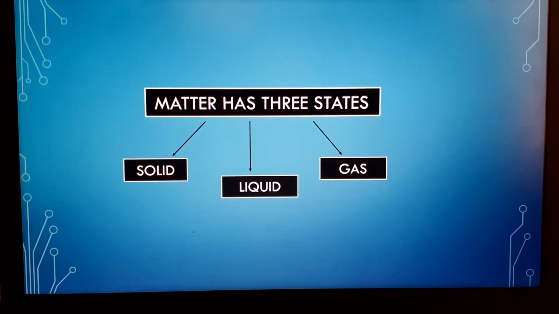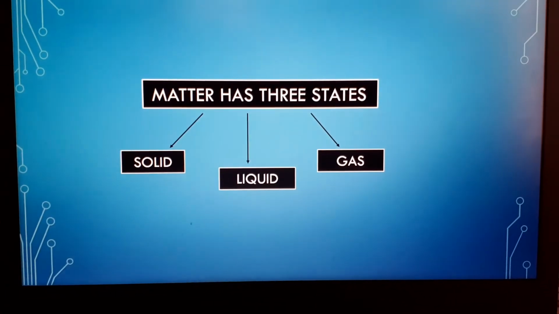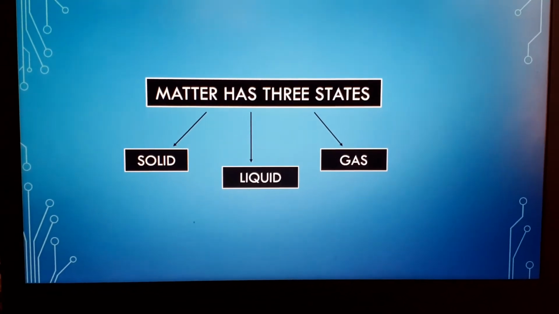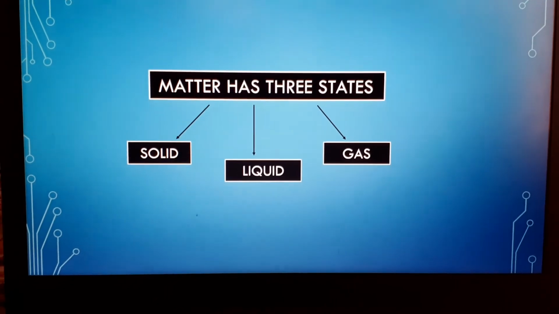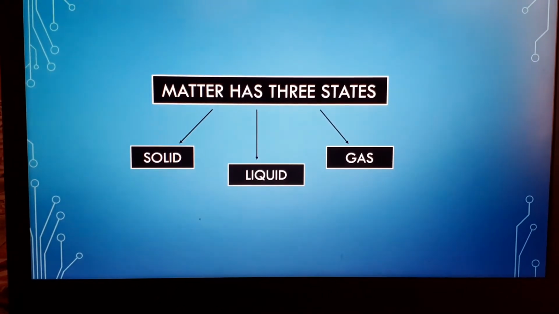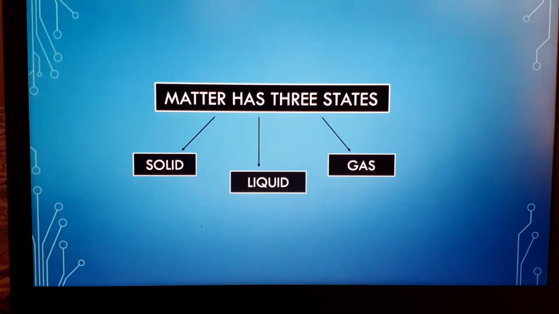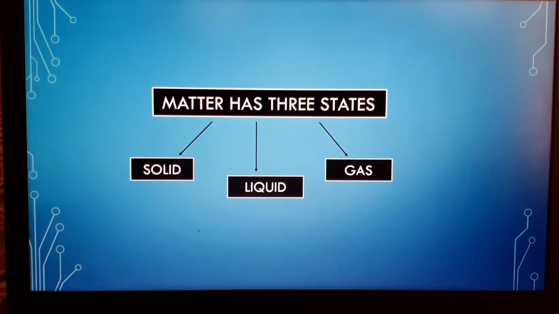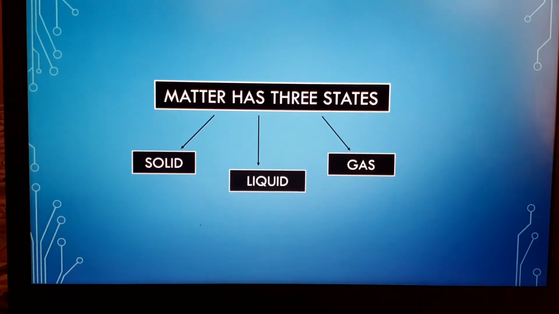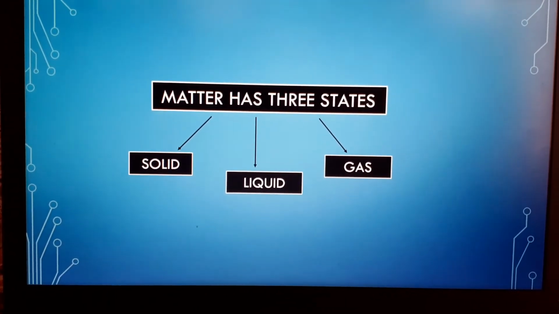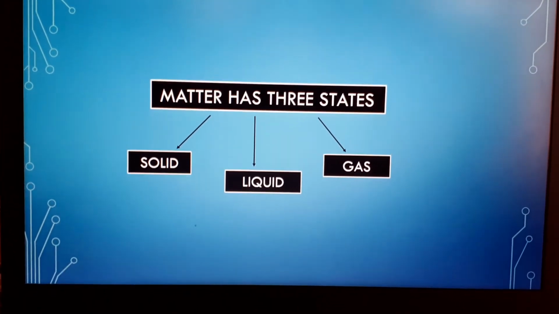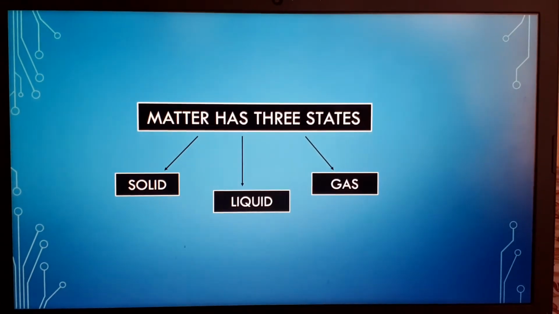Next one, matter has 3 states. We studied this in our earlier classes. Matter is defined in 2 ways: one by physical method, second by chemical method. Here we are studying only the physical method. In this method, matter has 3 states.